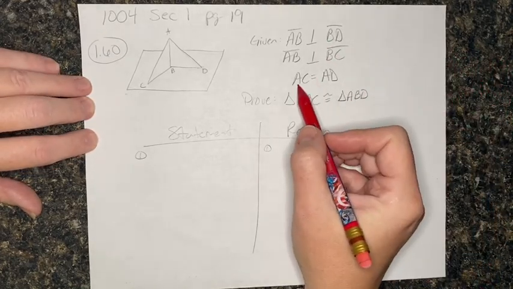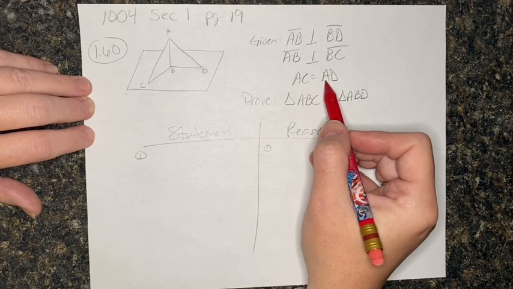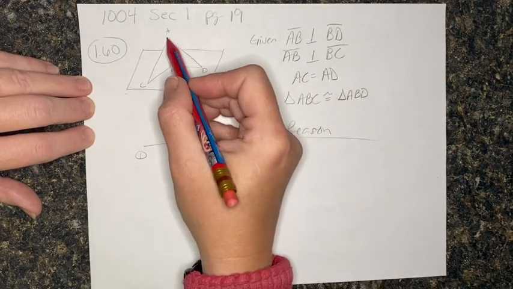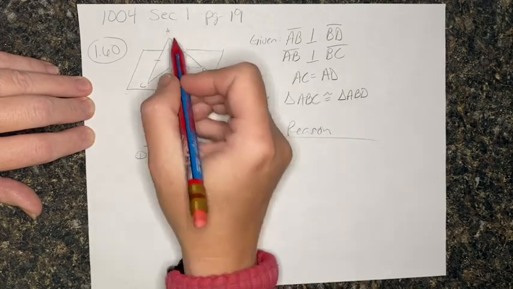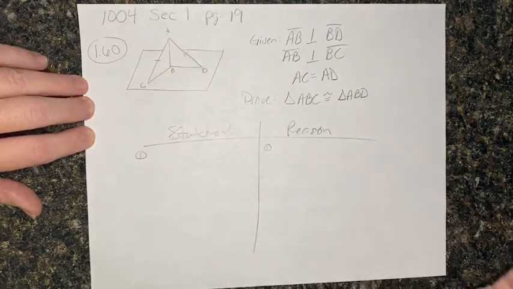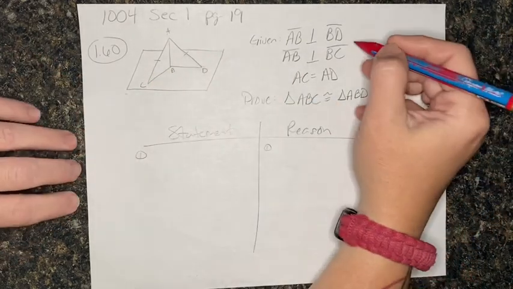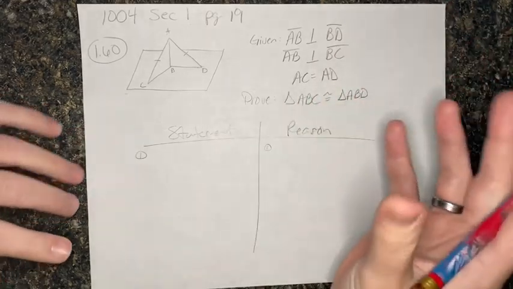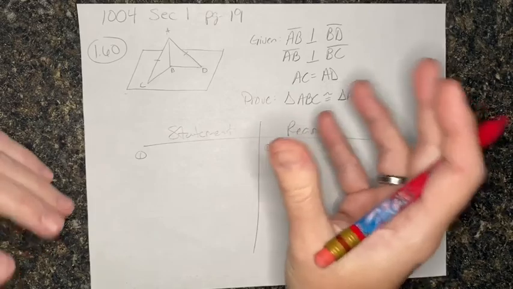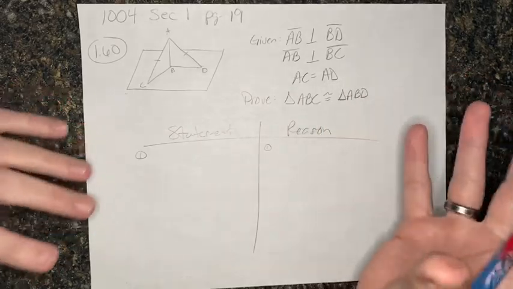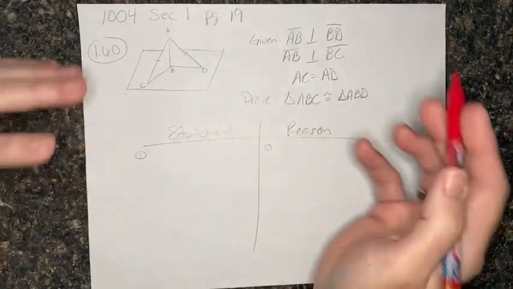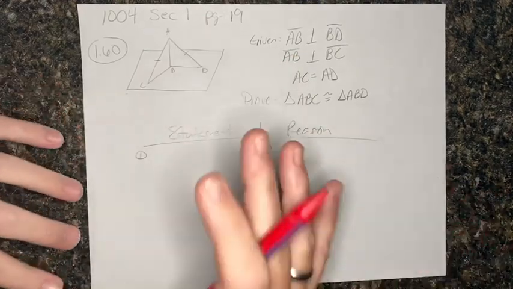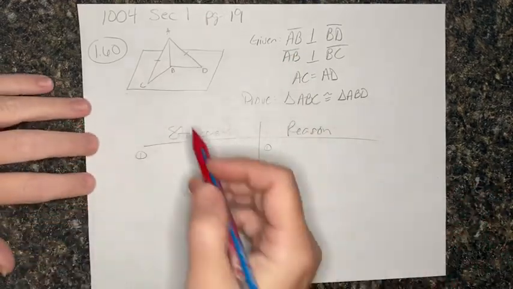It also tells us that AC is equal to AD. Now, hopefully, since we've got these perpendiculars here, your mind is thinking, oh, perpendiculars tell us we have right angles. Right angles are right triangles, and ooh, we've got a hypotenuse here. So this is the path we need to start moving down.